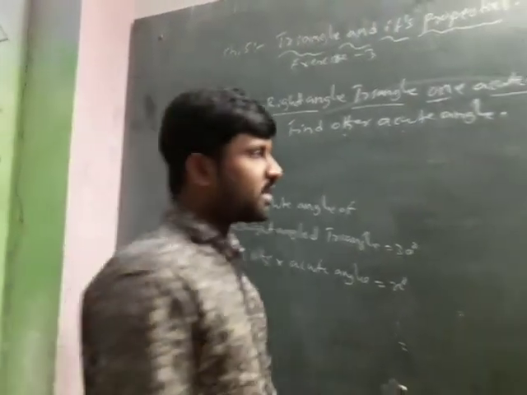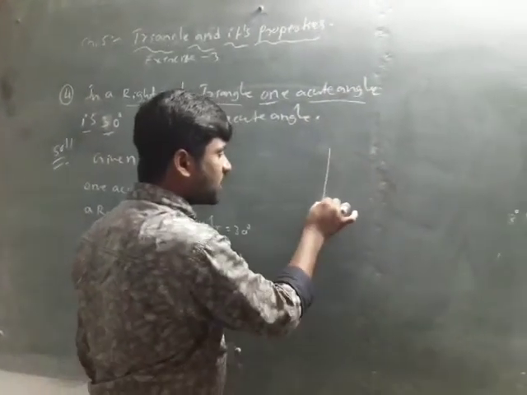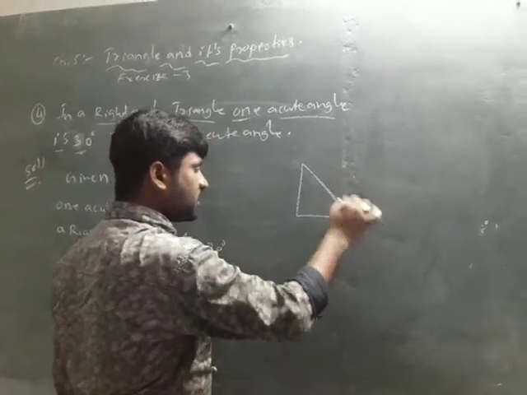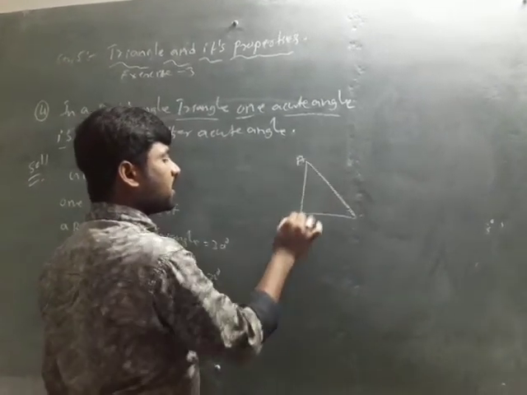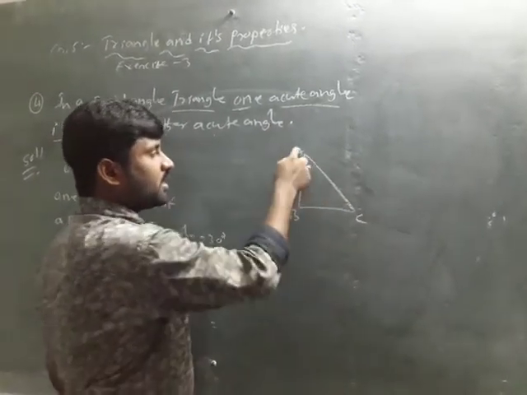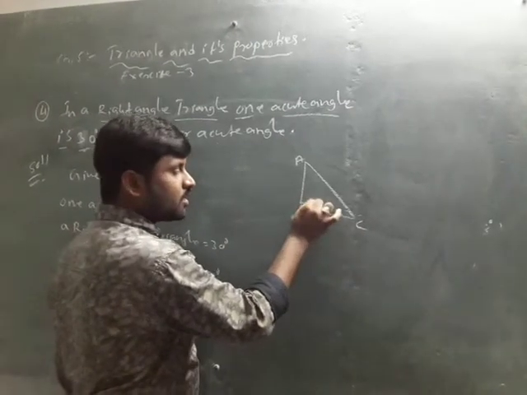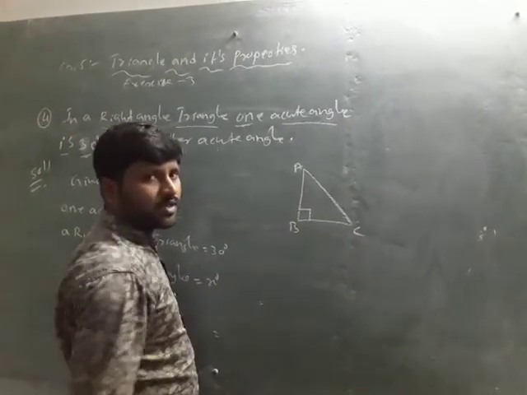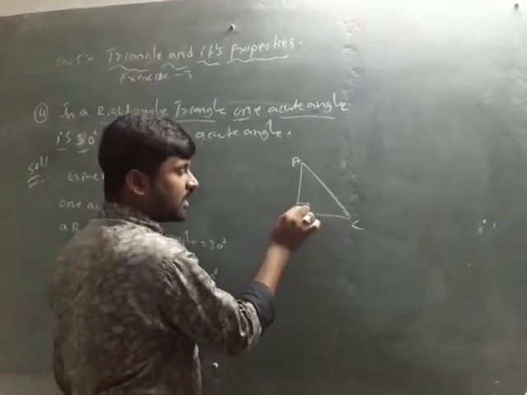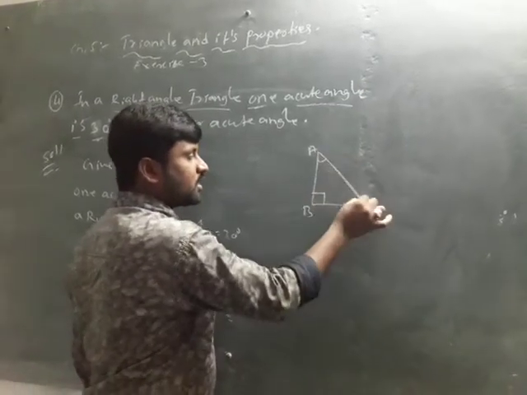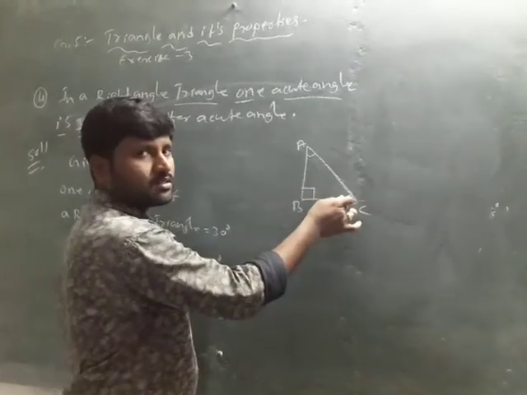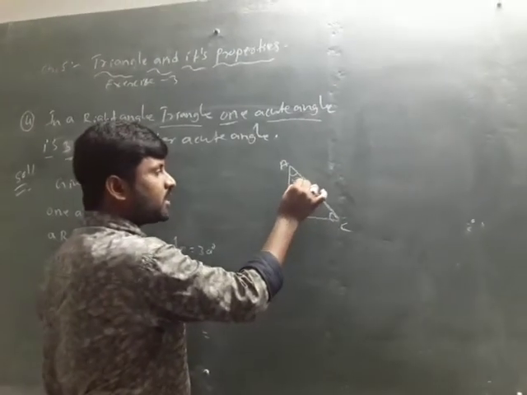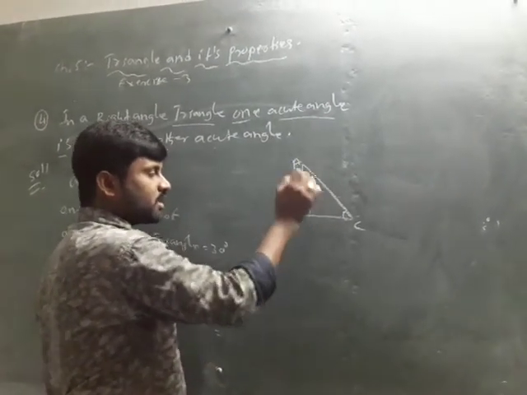So simply try to draw a right angle triangle ABC. ABC is a right angle triangle at B. Now, with the right angle, the other two angles are acute angles. Now one angle A I am taking as 30 degrees.